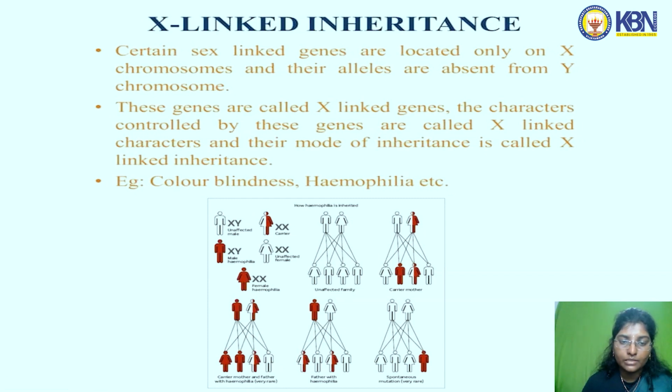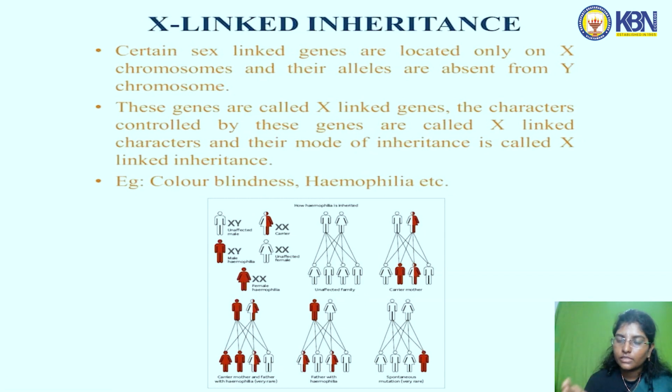The white symbol is an unaffected male, XX is a carrier female, and the red XY is an affected male who carries hemophilia. Here is an unaffected female, and the red woman is a female with hemophilia. These are the patterns of how X-linked traits are transferred.